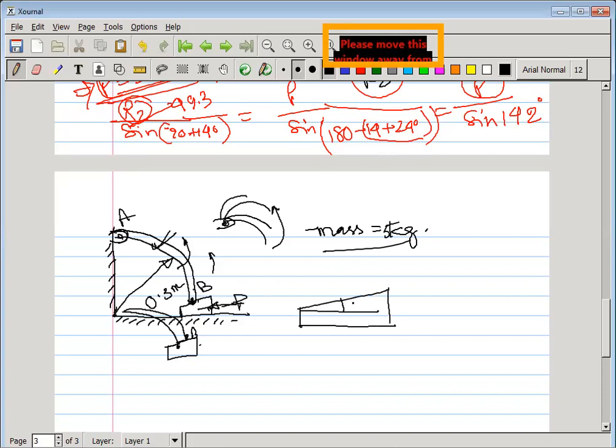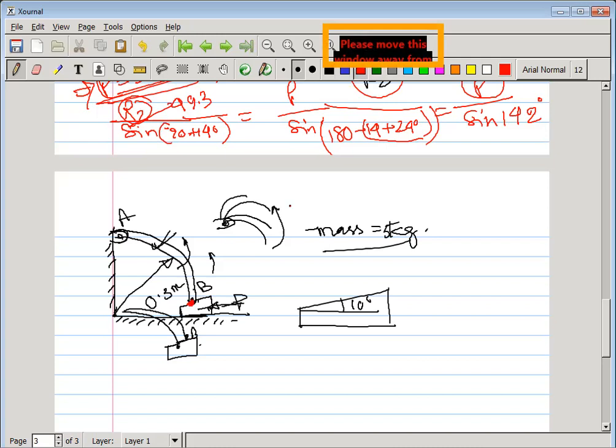Take this angle as 10 degrees. Another thing is there: the coefficient of friction at the contact surfaces.